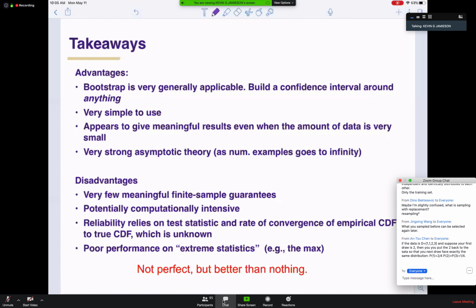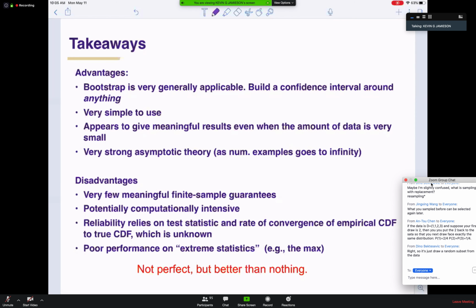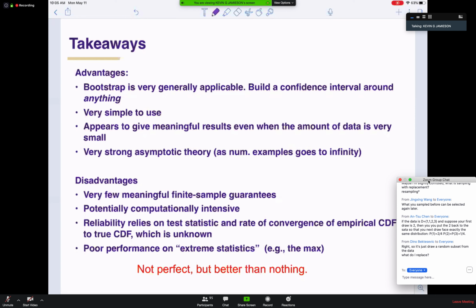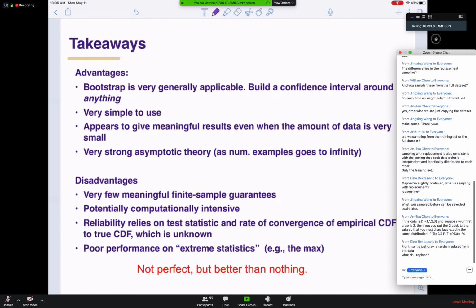And with 20 data points, it does make a difference whether you train on 10 versus training on 15 when it comes to regularization sort of things. You want to use all the data you can. And the Bootstrap allows you, because you're sampling with replacement, you're going to get the same data point more than once. That's okay, because the size of the data set is still staying relatively the same.